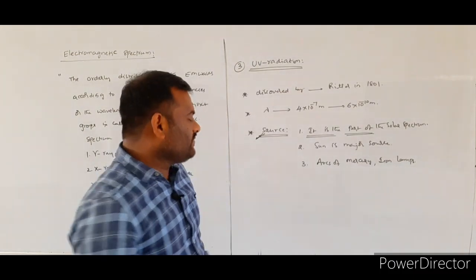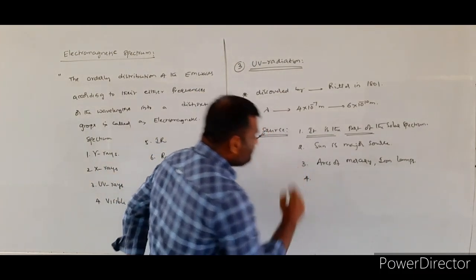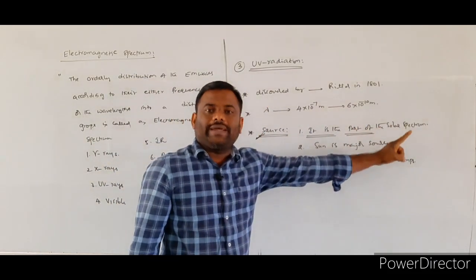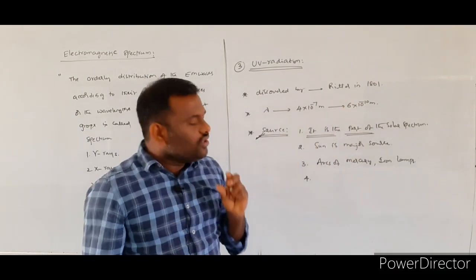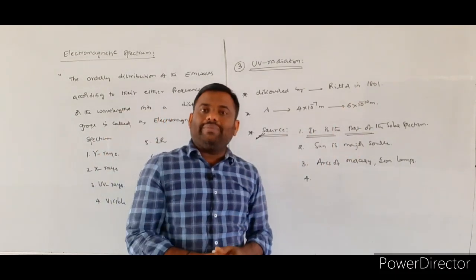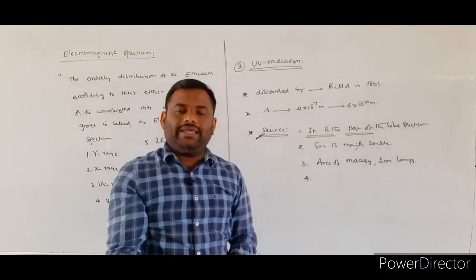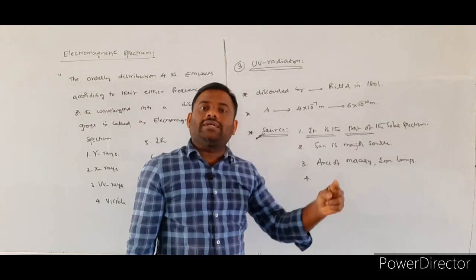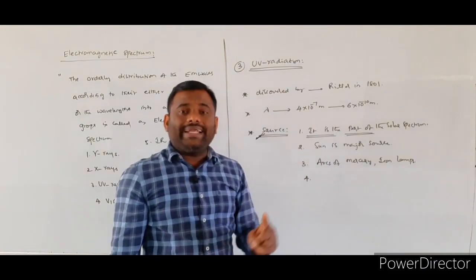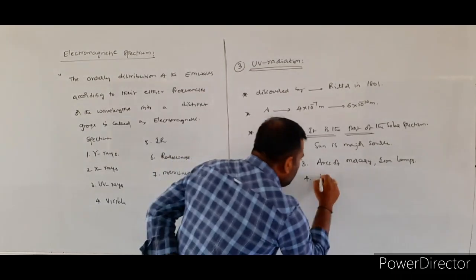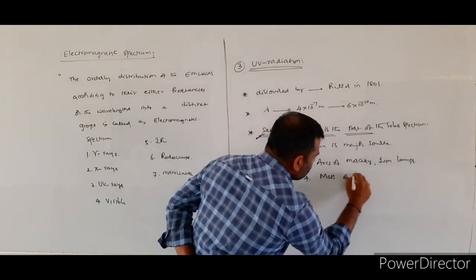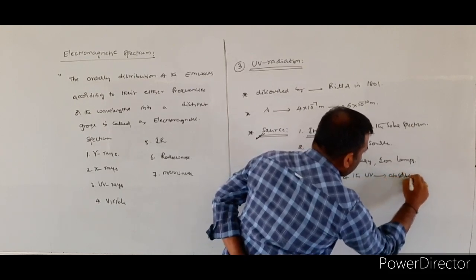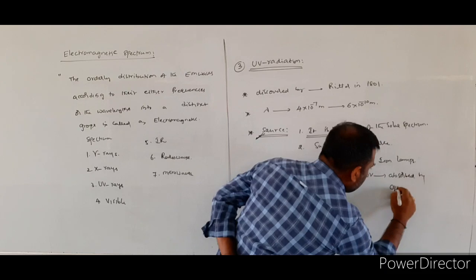Next one. We already told that UV radiation is a part of the solar spectrum. The radiation emitted by the sun passes through the atmosphere and travels towards the earth. While the radiation is transmitting through the atmosphere, most of the UV radiation will be absorbed by which layer?